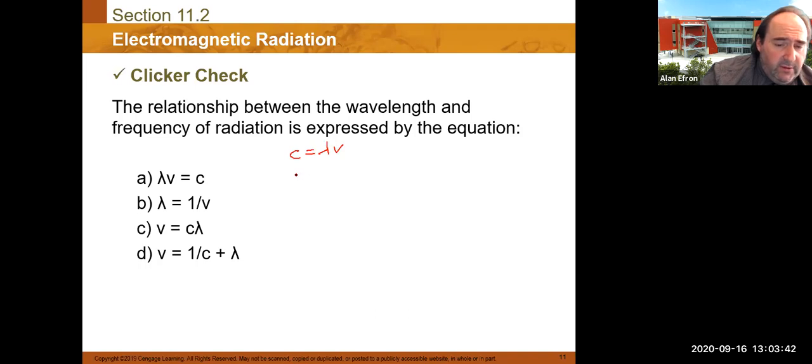If we rearrange and solve for frequency, frequency would be C over the wavelength, or as we saw before, wavelength would be C over frequency. Since C is essentially a constant, the wavelength is inversely related to the frequency. So the correct answer here should be B in this particular case, again, because C is a constant. Question on that one?